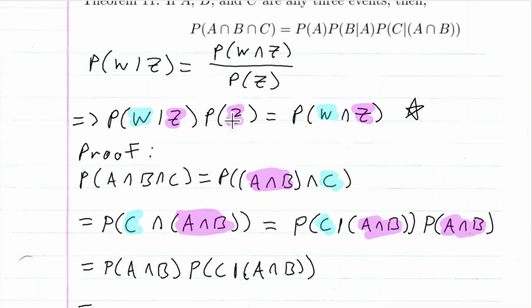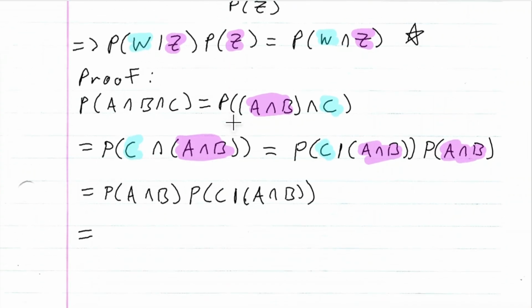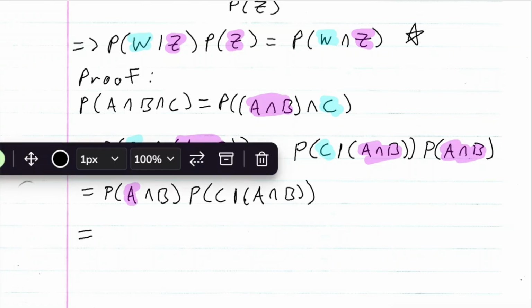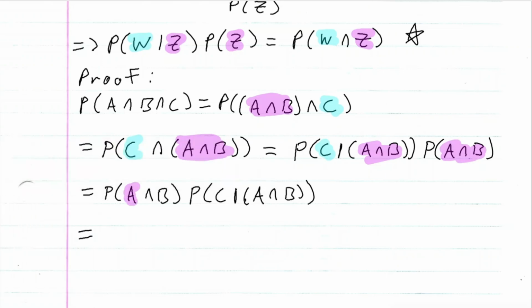A by itself, so A must be purple, so let me do purple here. Purple must be my A, and blue must be my B in this case.